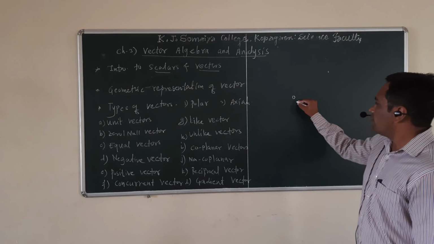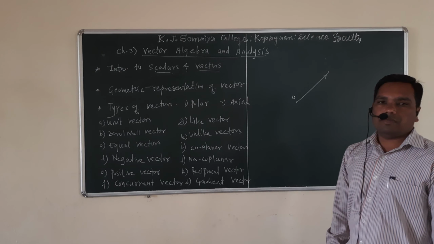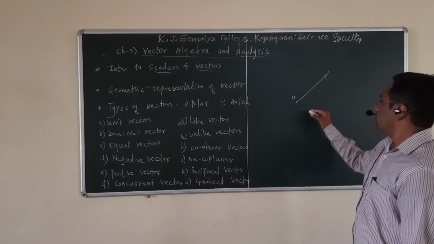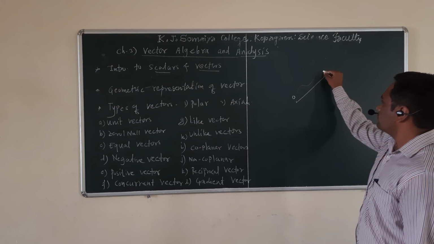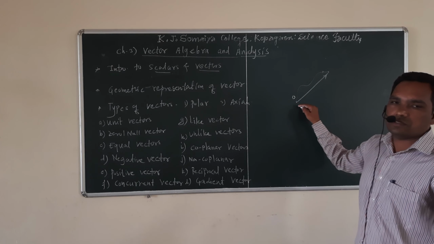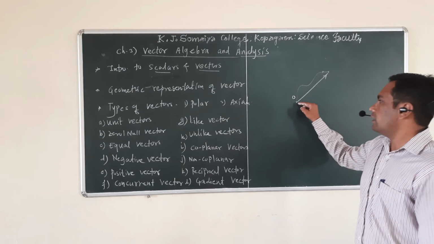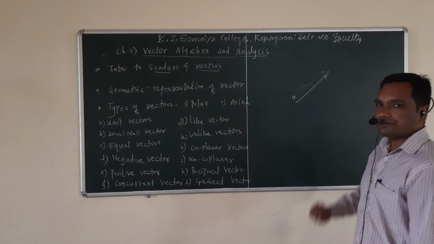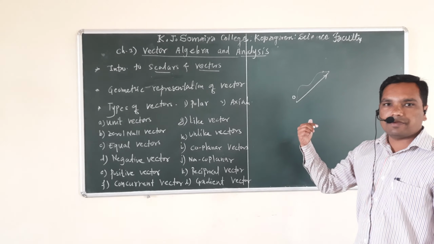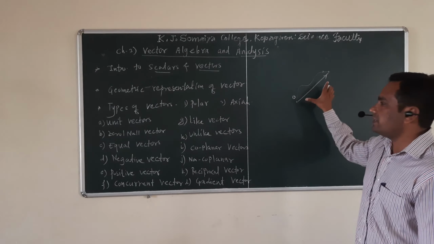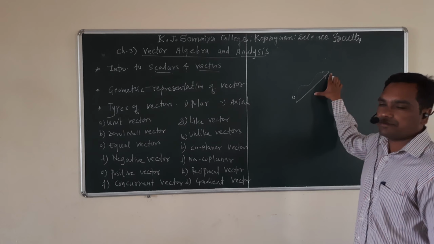Now if we connect these two initial and final positions by a line, that ant has taken any path. Suppose we say 5 seconds are taken by that ant for moving from here to here. Then how can we represent this displacement vector? This displacement vector shows the initial and final position and displacement of that ant.